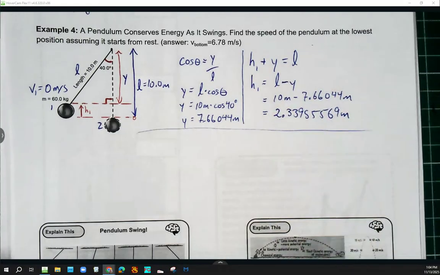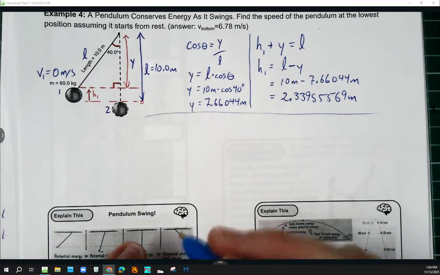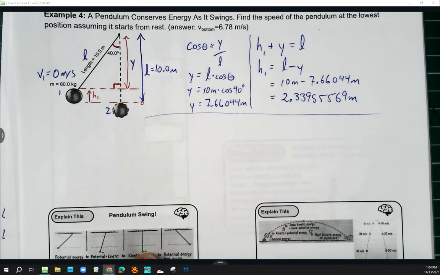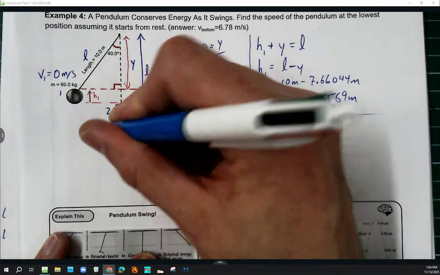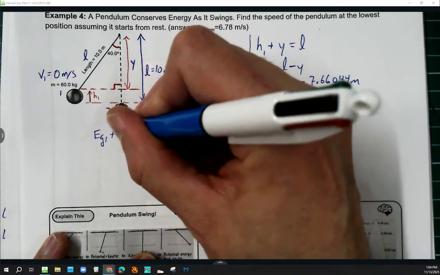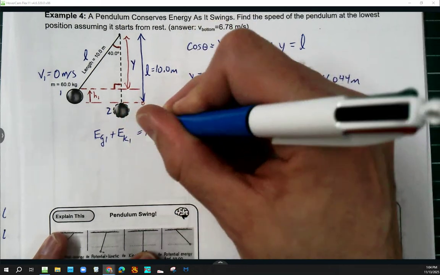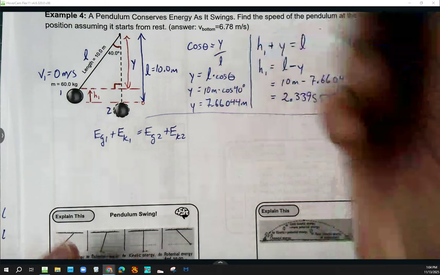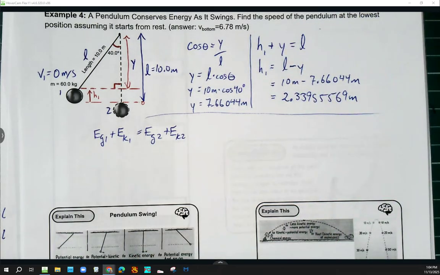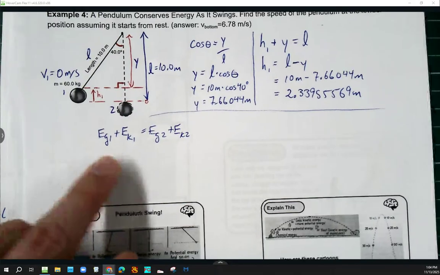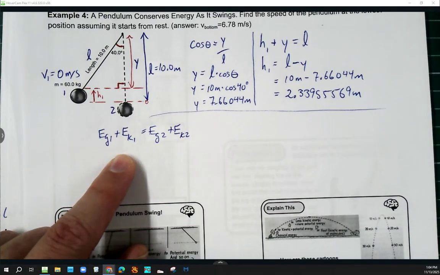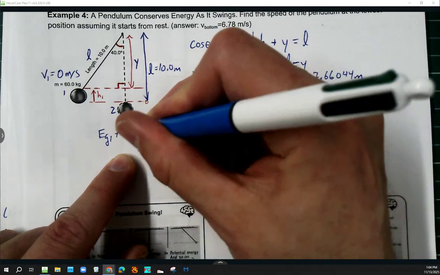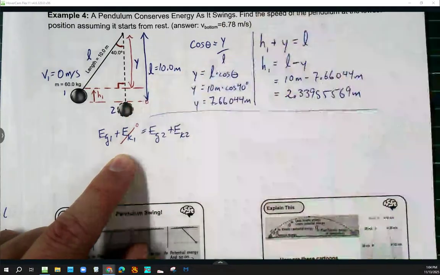I say, well, how am I going to use that? Well, this is just conservation of energy now. I say, hey, Eg1 plus Ek1 equals Eg2 plus Ek2. Now I am back in the same zone as roller coasters and slingshots. Because at the top, this thing wasn't moving, right? So since the pendulum was at rest, Ek1 would be 0.